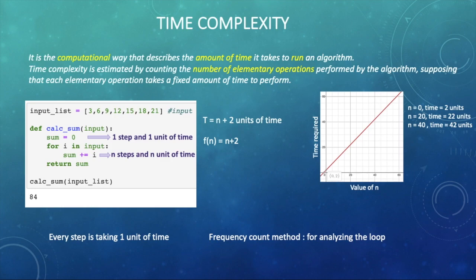When the value of n is 20, it is showing the time taken around 22 units. And this graph is showing the trend is going in a linear way, which is showing its linear behavior. So in conclusion, this function has a linear time complexity, which means with an increase in the input size, the time required for executing the algorithm would also increase in a linear way.